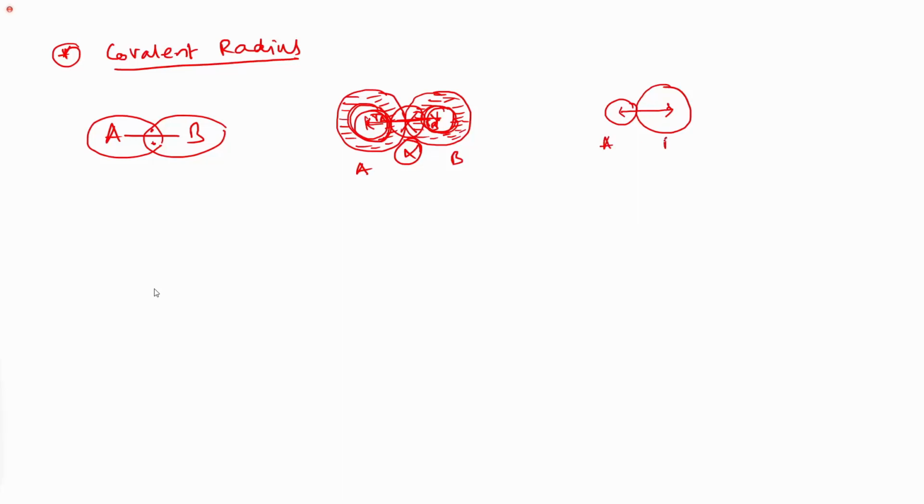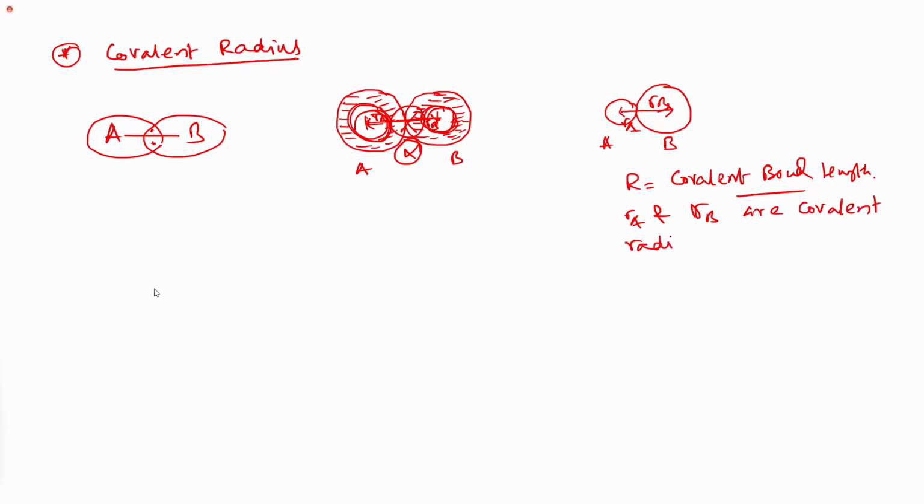This is the A atom with its core, and this is the core of the B atom. The covalent bond length is R, and R of A and R of B are the covalent radii of A and B atoms respectively.